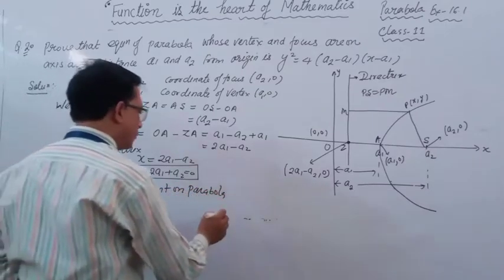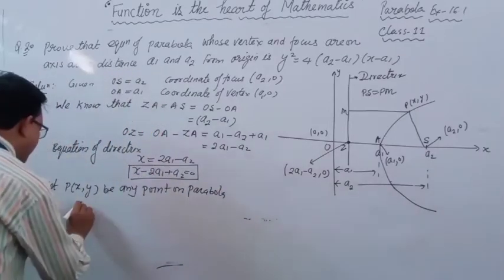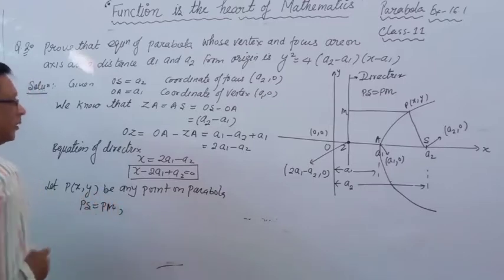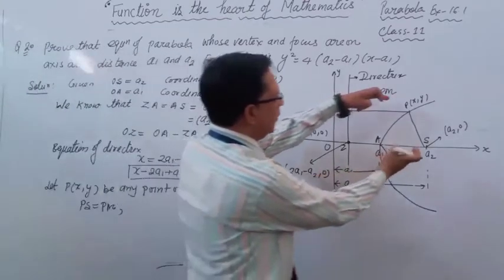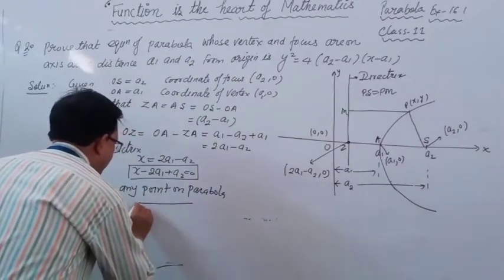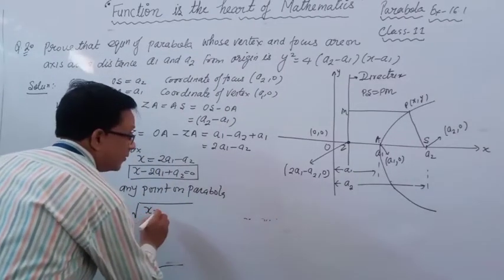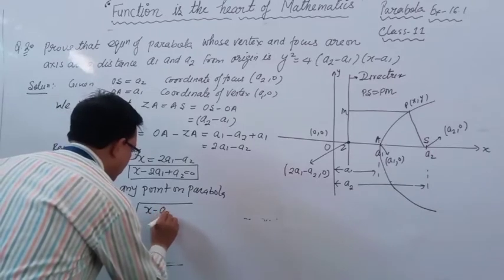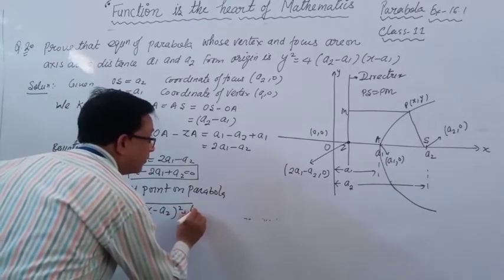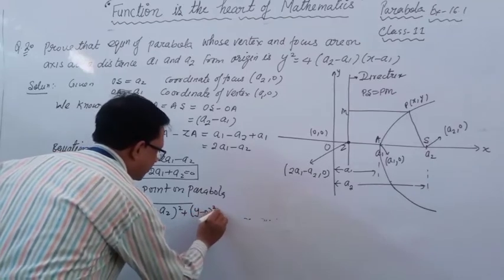So student, we know that PS is equal to PM. By the distance formula, we find the value of PS: square root of (x minus a2) whole square plus (y minus 0) whole square.